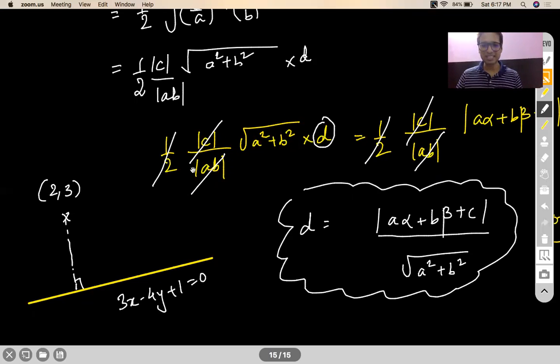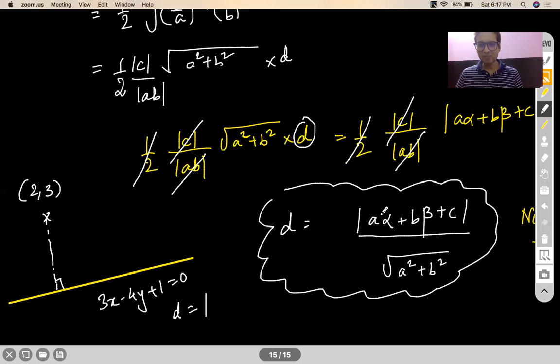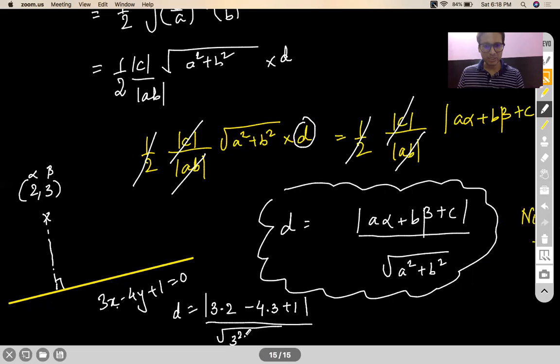This formula says that you have to do mod of a alpha plus b beta plus c, means you have to put this point in place of x and y over here. So 3 into 2 minus 4 into 3 plus 1, and whatever comes out, take a mod of it, divided by under root of a square plus b square. a square plus b square means 3 square plus 4 square, which is actually 5, isn't it?